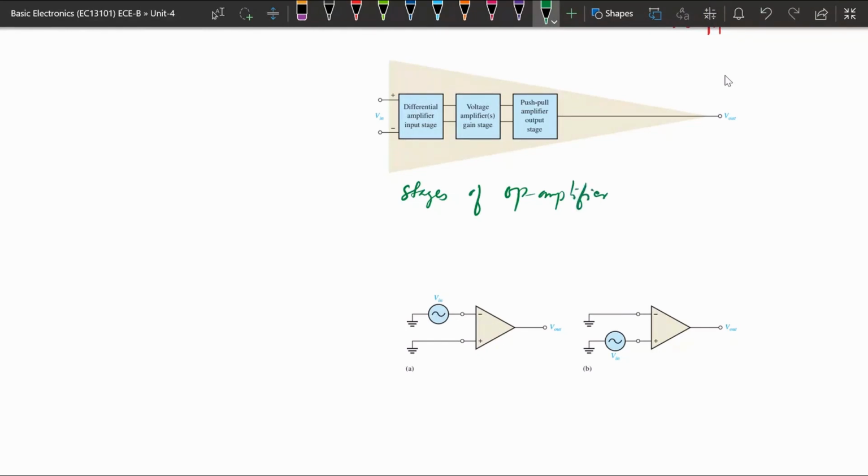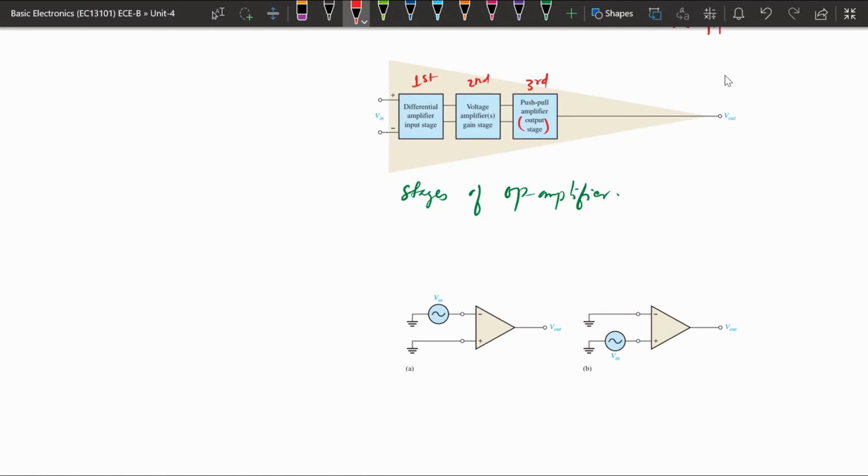The first stage is the differential amplifier input stage. The second stage is the voltage amplifier gain stage. The third stage is called the push-pull amplifier output stage.